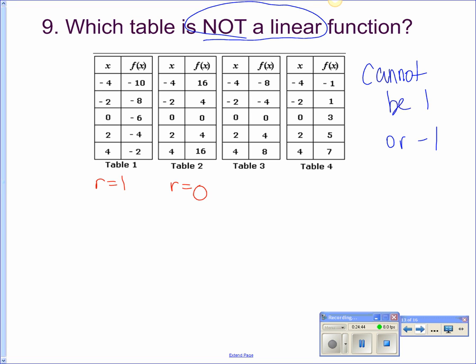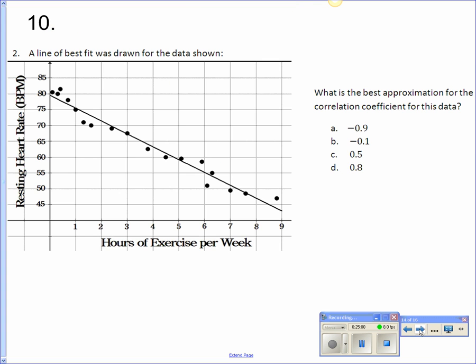Zero. Anybody get 3? Can you tell me what you got? Anybody do that one? Thank you. What about 4? Thank you. So the one that's not 1 is table 2. Okay?